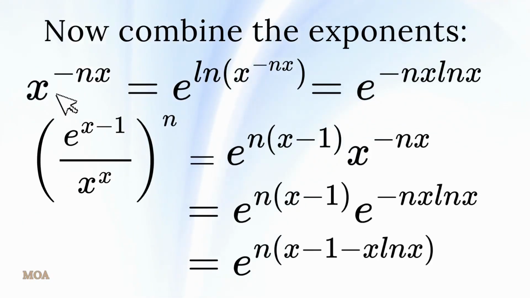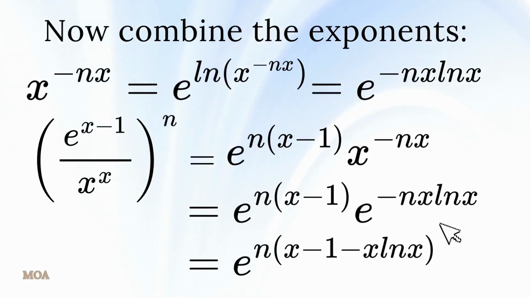Now, combine the exponents. For this reason, let us first rewrite x^(-nx). Since x^(-nx) equals the exponential of the natural logarithm of x^(-nx), which gives the exponential of negative nx times the natural logarithm of x.